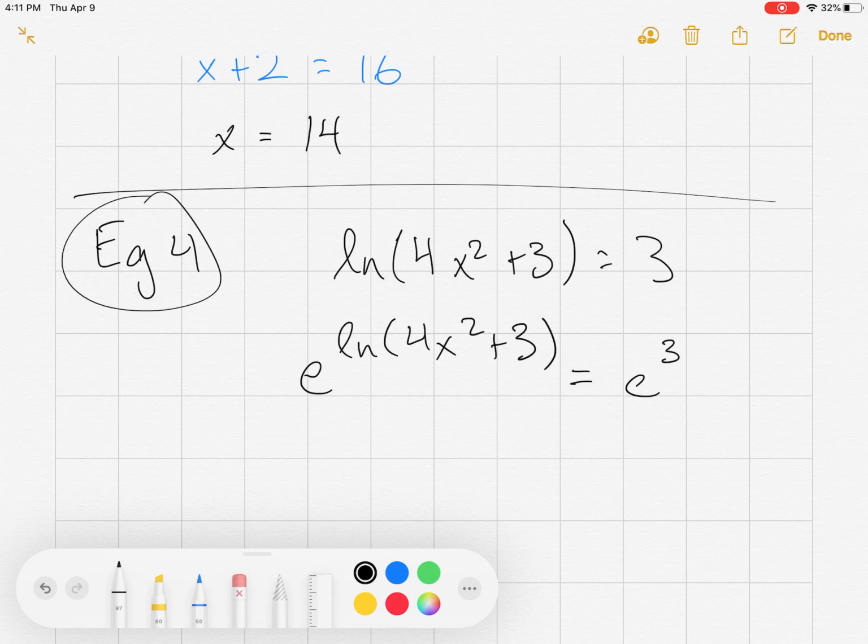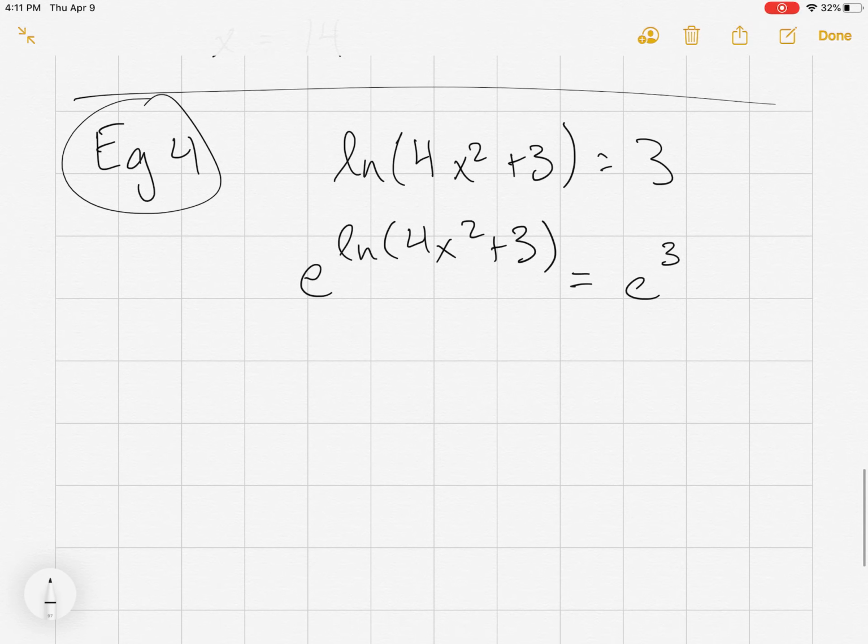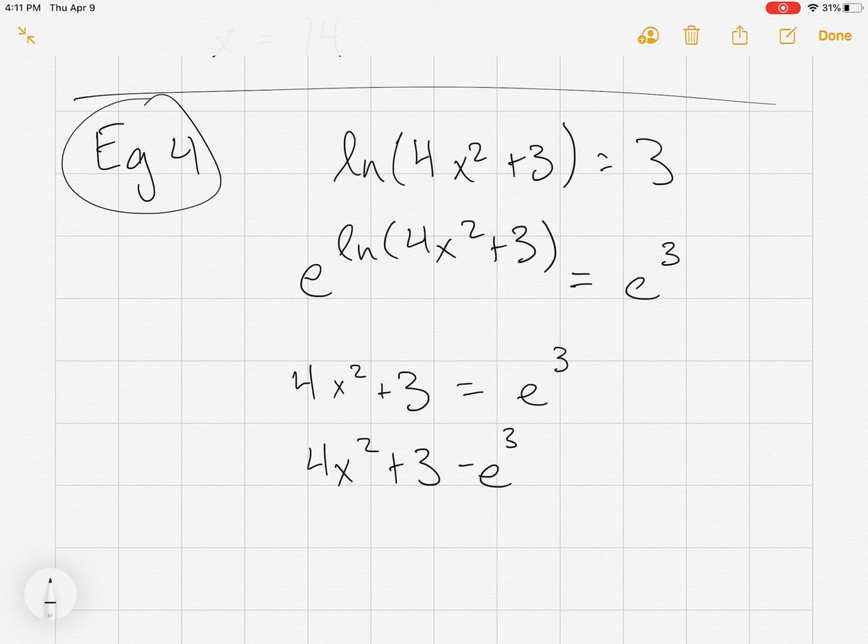So that e and the natural log are going to cancel each other out, and we're going to be left with 4x squared plus 3, and that's going to be equal to e to the power of 3, right? So we get 4x squared plus 3 minus e to the power of 3 is equal to 0.